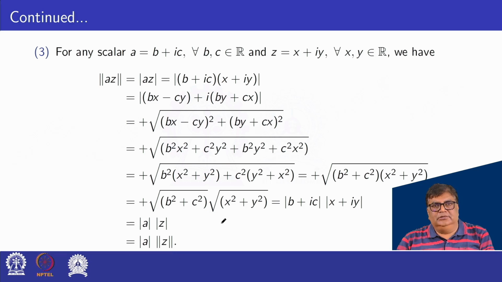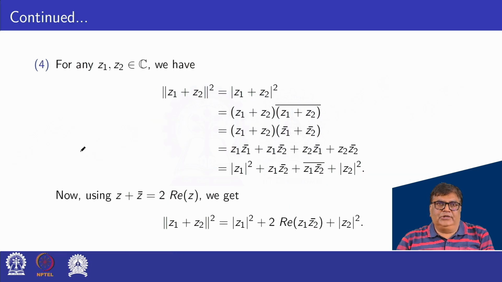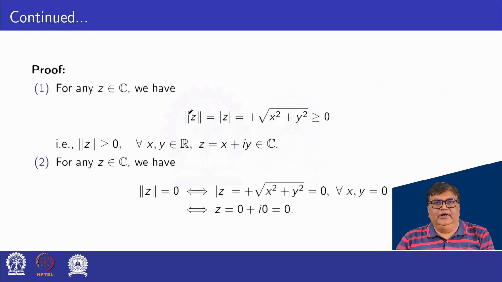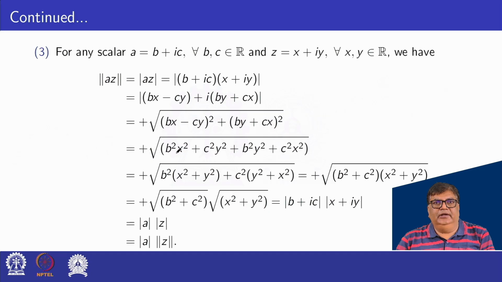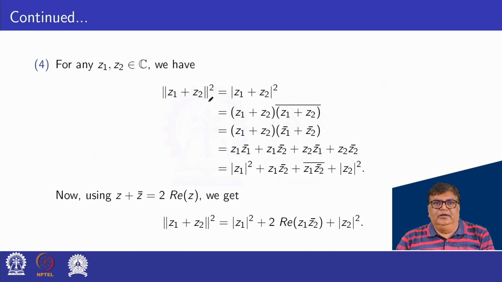So norm AZ is equal to mod A norm Z. Third condition satisfied. Fourth condition, for z1, z2 belonging to C, we have the square of norm z1 plus z2. Norm here is defined, norm Z is equal to mod Z. Then we can write the square of norm z1 plus z2 is equal to the square of mod z1 plus z2.